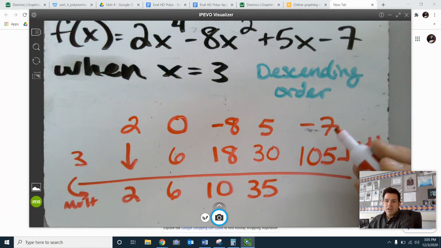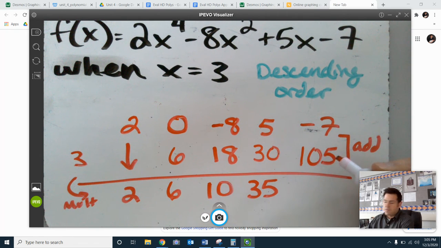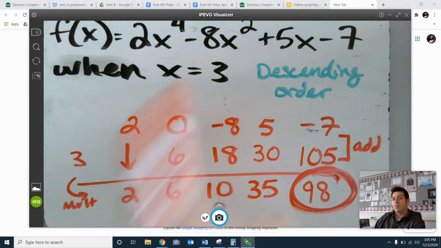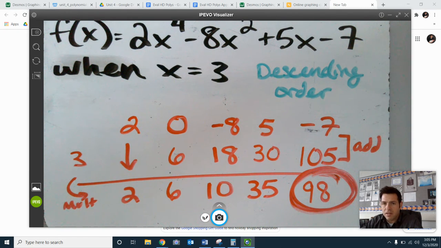Finally, I'm going to add over here -7 plus 105, and look at that. Just like it was when it was in a calculator, the last number we have here is 98. That's the exact same number we got when we evaluated this with x being 3 and plugged it into a calculator.